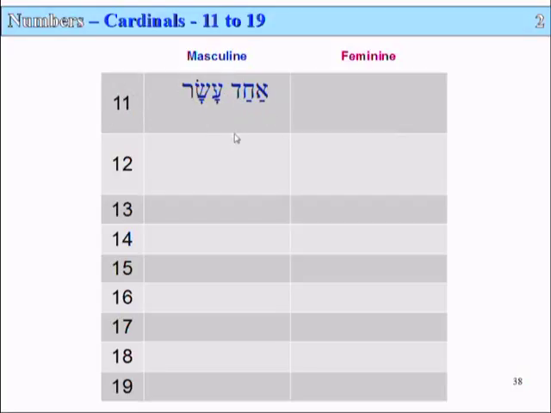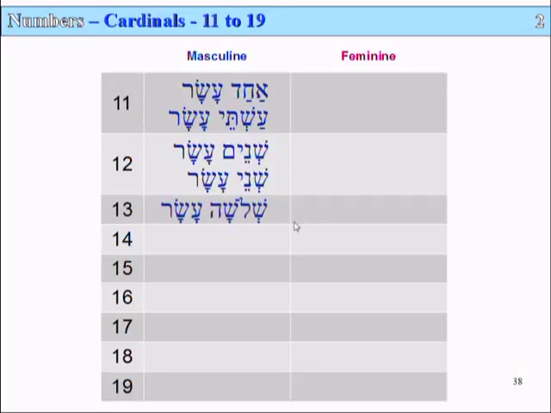So Echad Eser is 11. And there's a slightly different form of it, Aste Eser, 11 also. And for 12 we have Shanaim Eser, and we also have Shnei Eser.